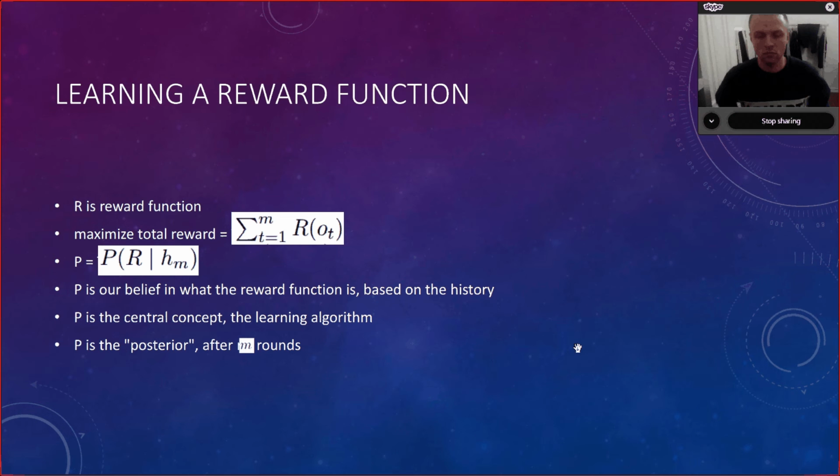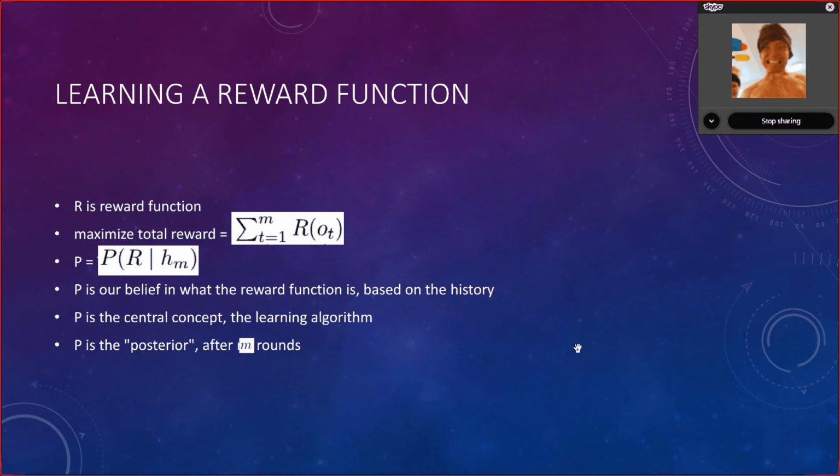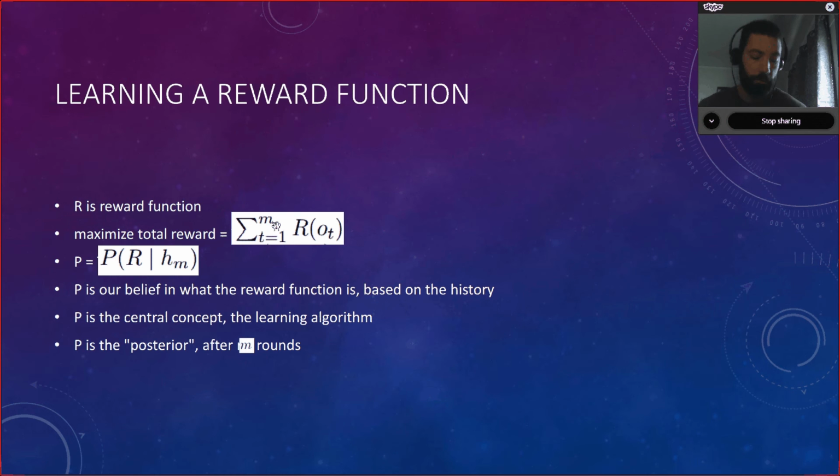So we want the AI, of course, both to maximize the reward, but also to learn the reward function. So if we write R, capital R, as the reward function, then our goal is to maximize the total reward we get. This is a mathematical summation sign.